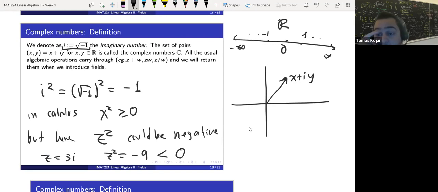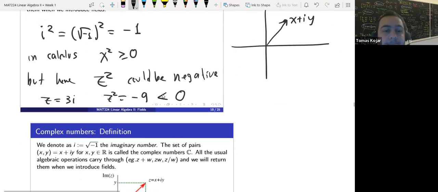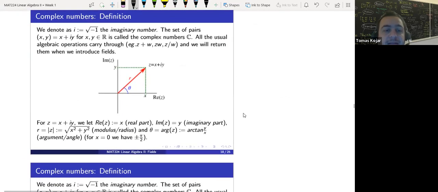So that's the intuition for complex numbers. You can represent them geometrically. If you have a complex number of the form x plus iy, you can put the imaginary on the top and real on the bottom.